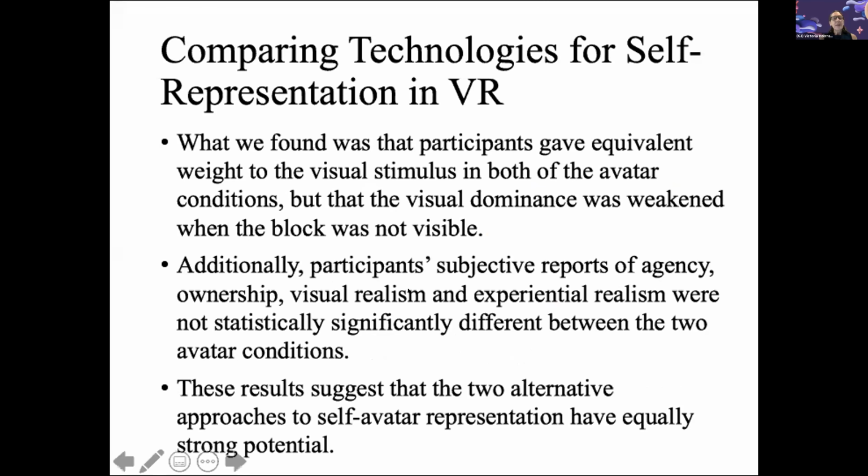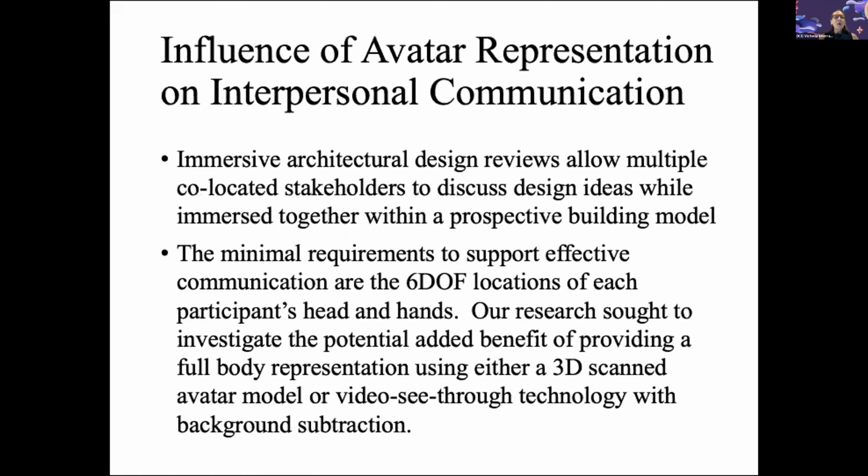And in addition, we gave people surveys about agency, ownership, visual realism, experiential realism, and the results were really not statistically significantly different between the two avatar conditions. So what this suggested to us is that really there's no inherent fundamental potential advantage to one of these approaches over the other, and that's a good thing to know.